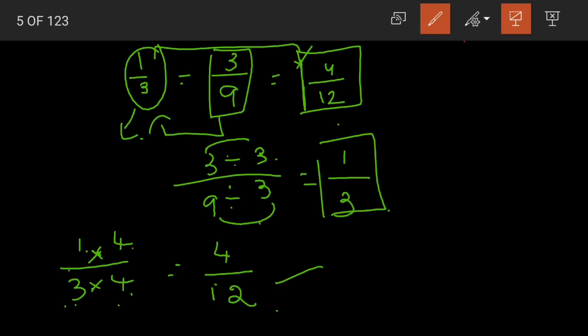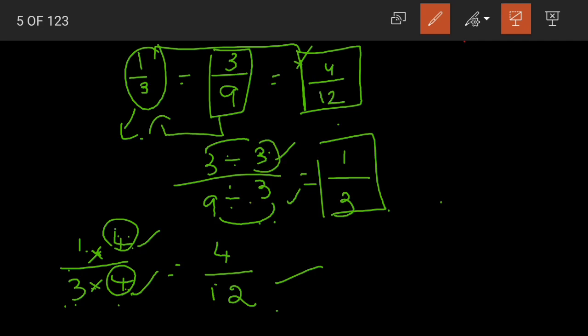Understood, children? Equivalent fractions are the fractions that are equal in value. And how do you find out equivalent fractions? We need to divide both the numerator and the denominator by the same number, or we need to multiply both the numerator and denominator with the same number. Children, see, we are multiplying with 4 both numerator and denominator.